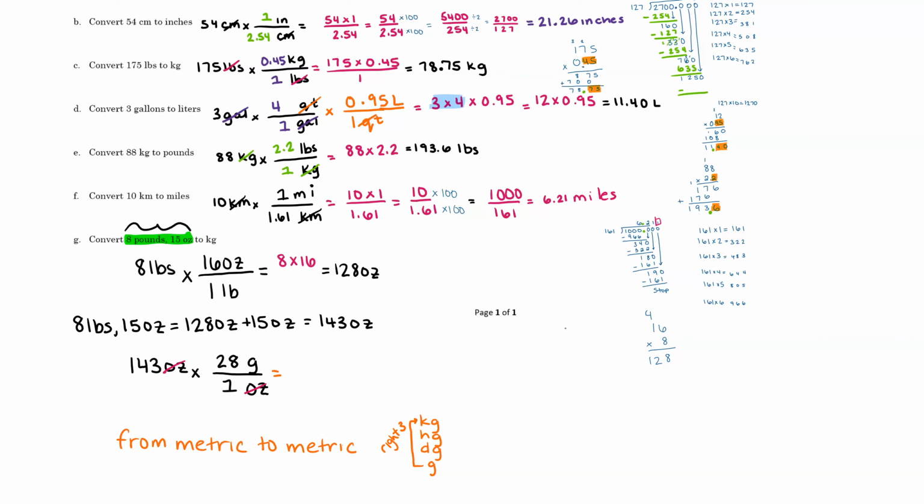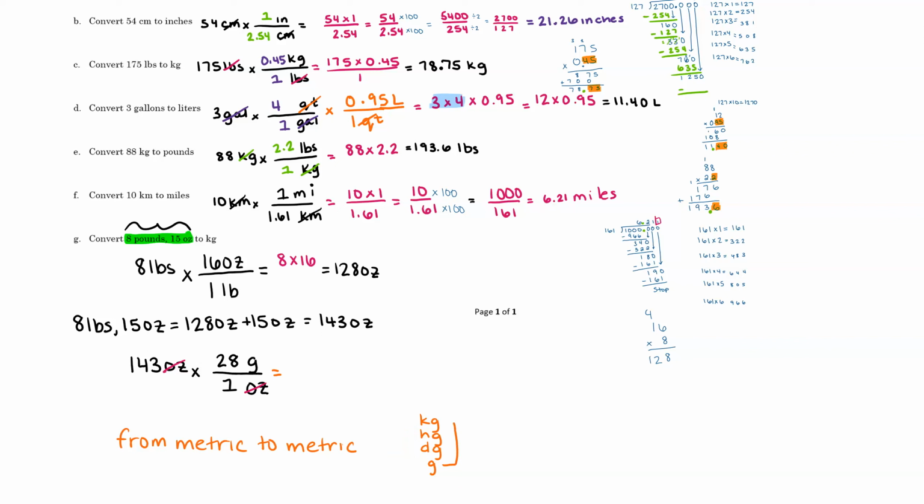No, sorry, it's going to be left 3 spaces. When you go up the chart, you're moving left 3. That makes better sense. If you didn't remember that, you could say, okay, 1 kilogram is equal to 1,000 grams. That's also from the chart, so that will also work here. I'll show you both ways.